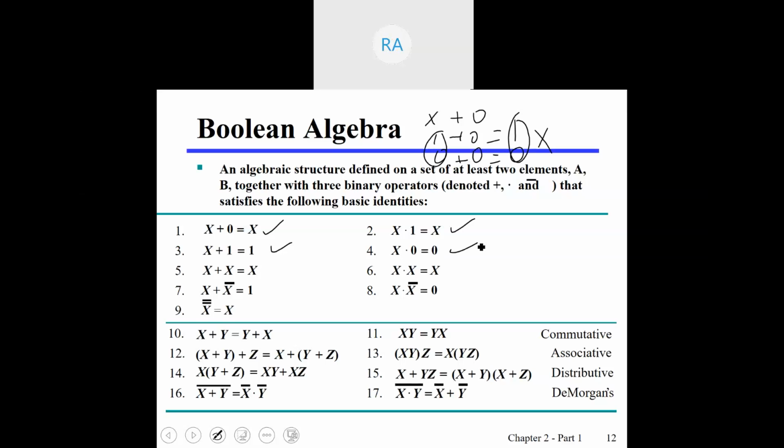If X is 1, the answer will also be 0. So what can you summarize? 0 multiplied by anything is a 0. This is what you can say. Yes. Who can explain this to me, please? This.